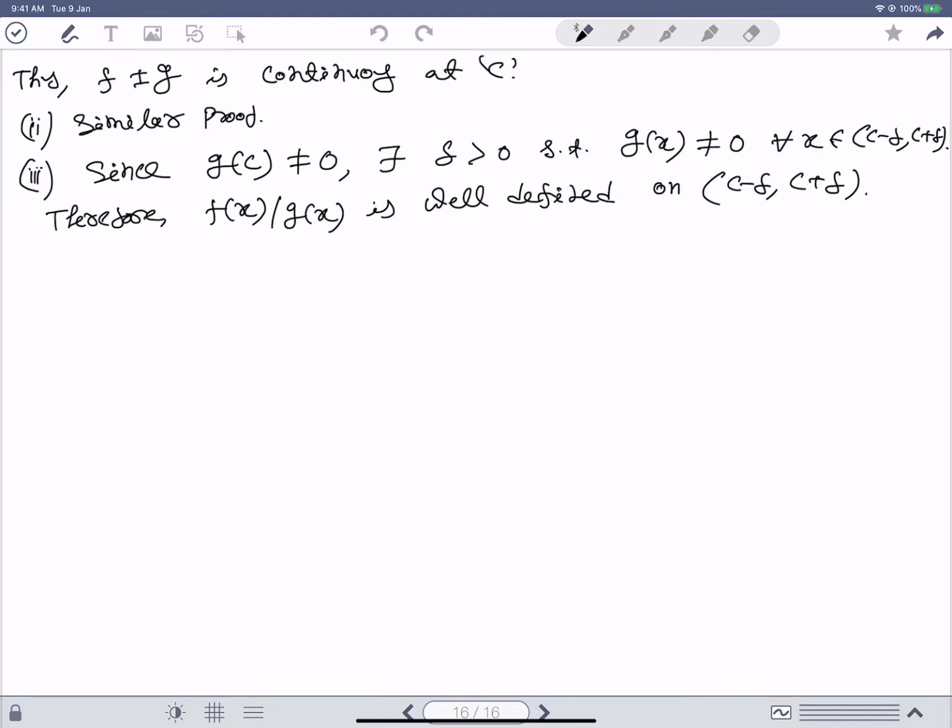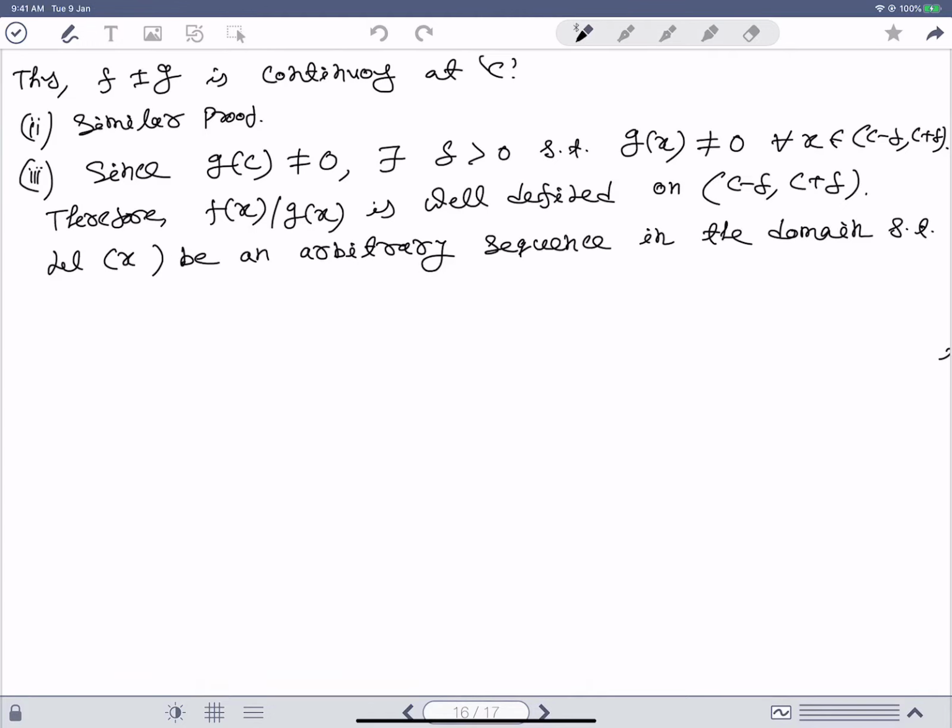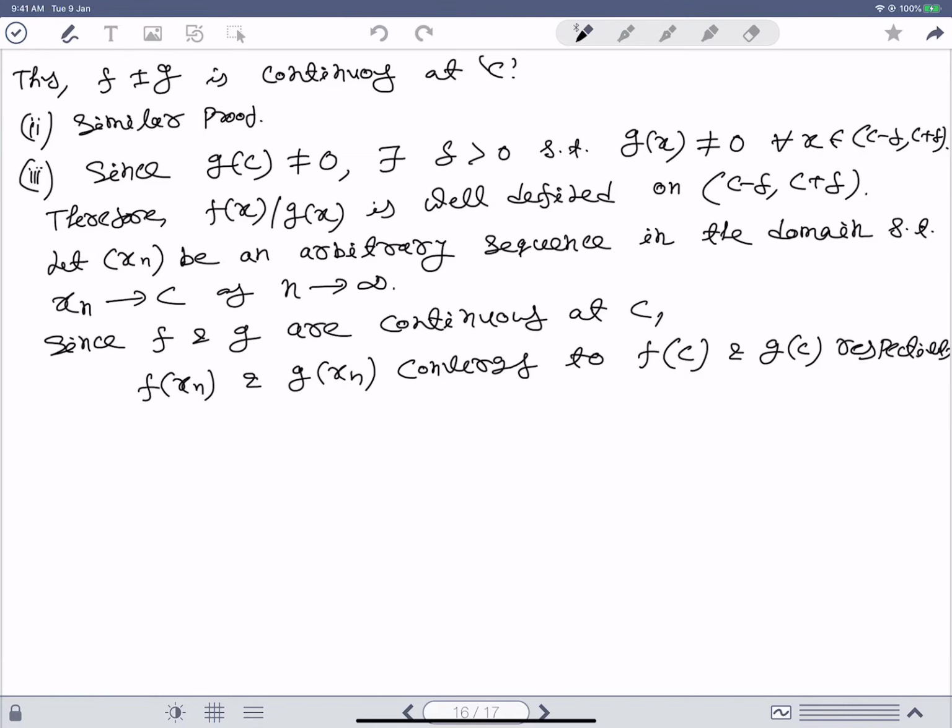Now again you can choose one arbitrary sequence xn and we are done. Because let xn be an arbitrary sequence in the domain such that xn converges to c, right? Now since it is given that f and g both are continuous at c, therefore f of xn converges to f of c and g of xn converges to g of c, right?